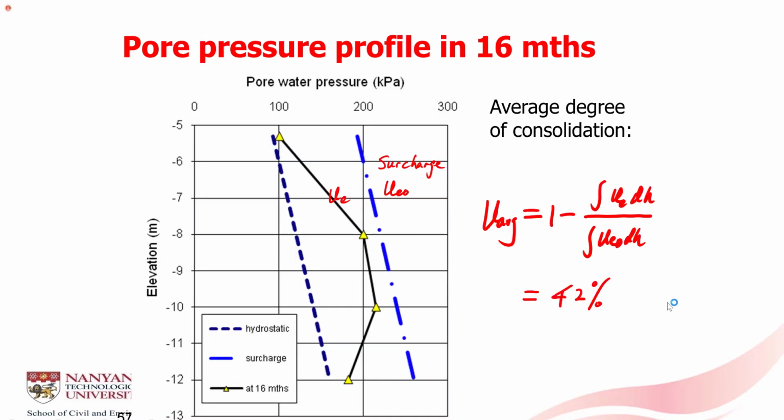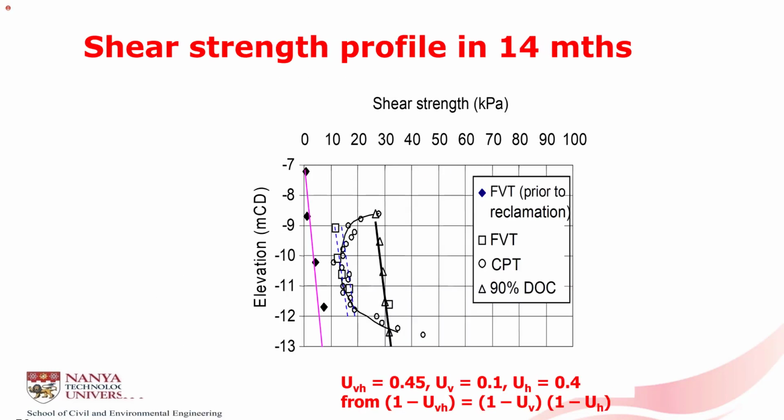And to verify this 42% is indeed more representative, we also plotted the undrained shear strength profile from vane shear as well as from CPT. So basically, you can use the same method as for pore pressure.